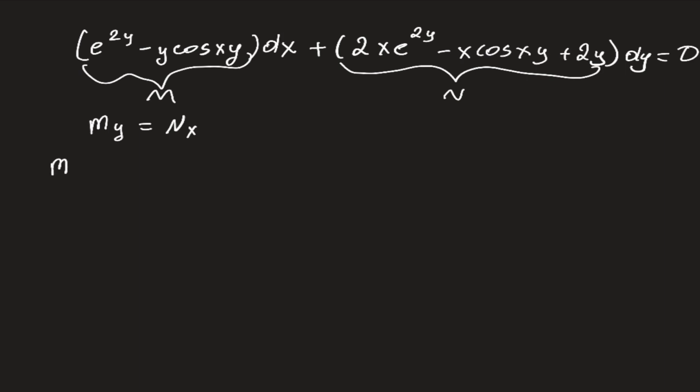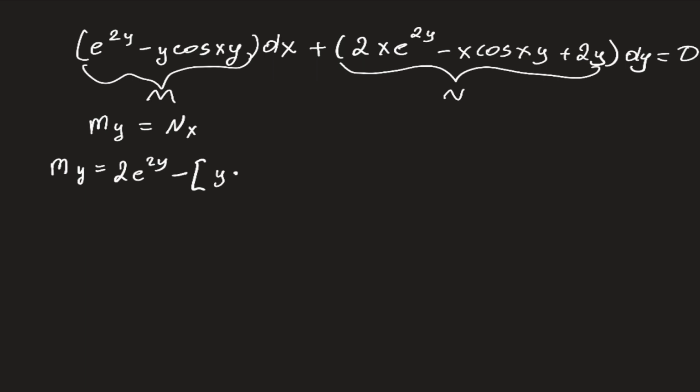So the partial derivative of m with respect to y, remember x is constant, we have e to the 2y times the derivative of 2y, which is just 2, minus, we're going to need a little bit of a product rule here. We have first, which is y, times the derivative of cosine xy.